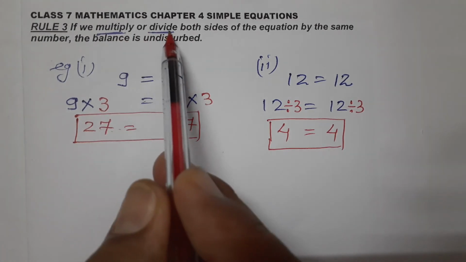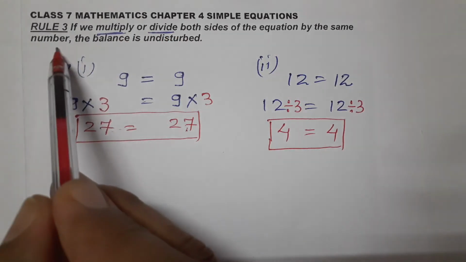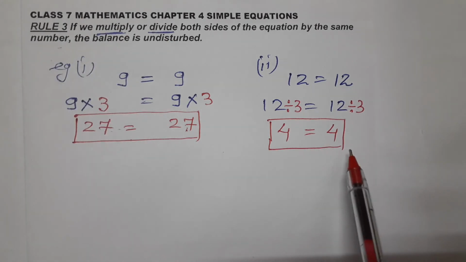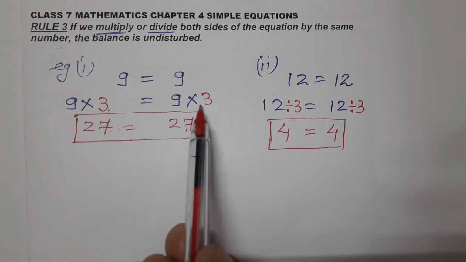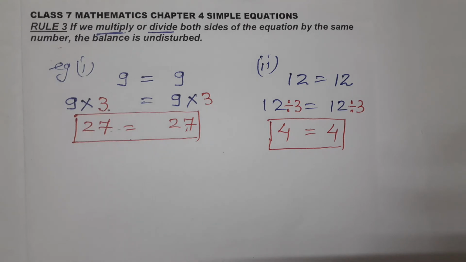So if you multiply or divide both sides by the same number, the balance is undisturbed, but by the same number only.